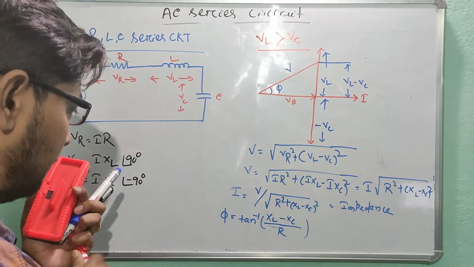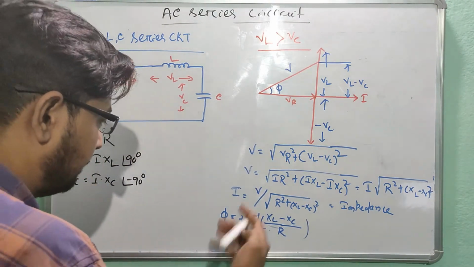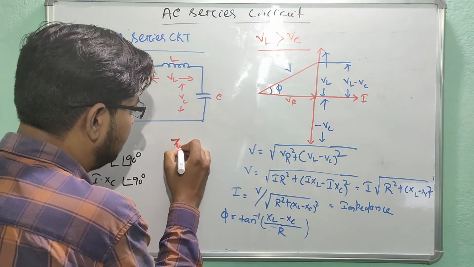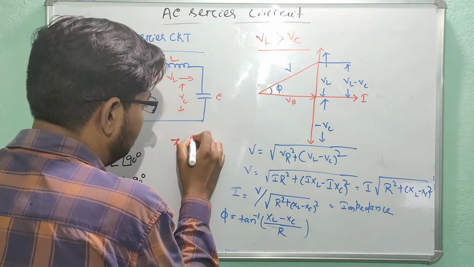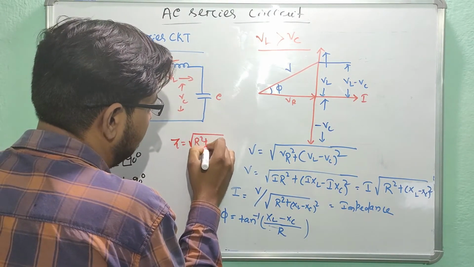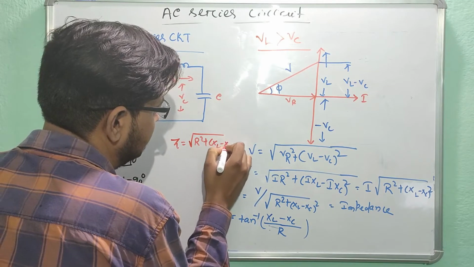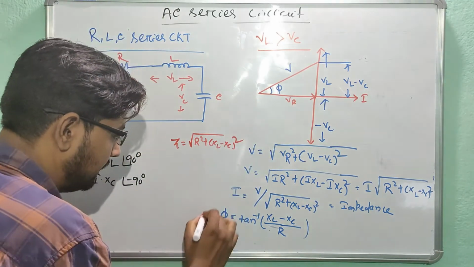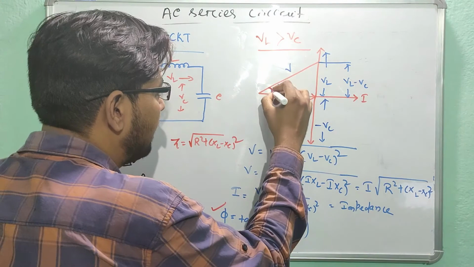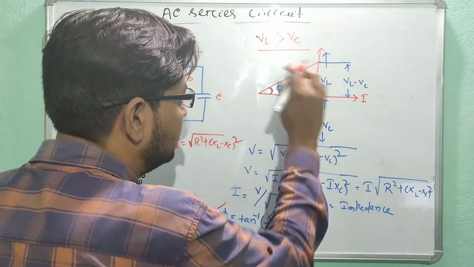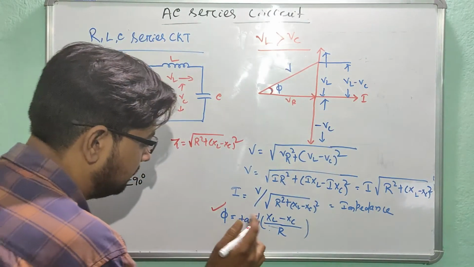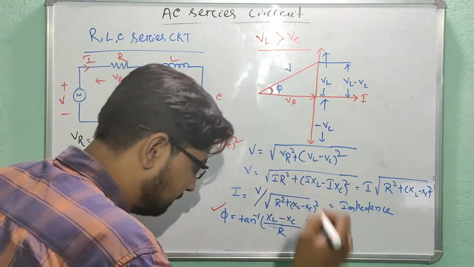Impedance Z is equal to root over of R square plus (XL minus XC) square. Now what is the angle phi? This is my angle between voltage and current. Phi is equal to tan inverse (XL minus XC) by R.